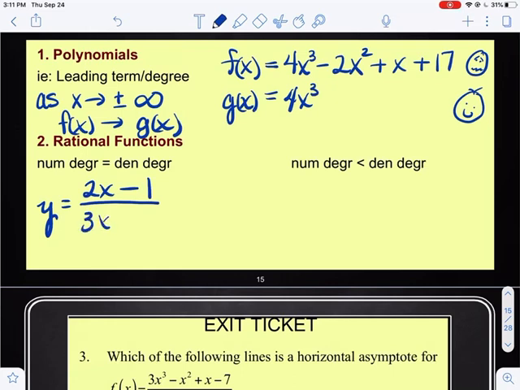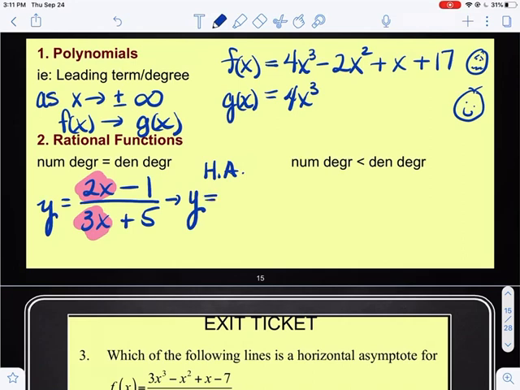And I'm just going to use a linear one. So if I have this example, then I can highlight here, there's the leading term. The degree is the numerator. If the degrees of the numerator and denominator are equal, I can then do what I did in that last example and just say that the horizontal asymptote, H period, A period, is just going to be equal to 2/3, or the coefficient of the leading terms, right?